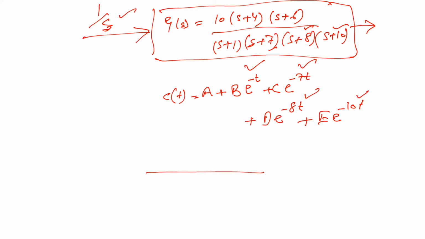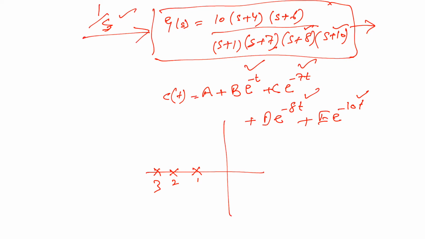As we discussed previously, the farther the pole is to the left on the negative real axis, the faster the transient response will decay to 0.